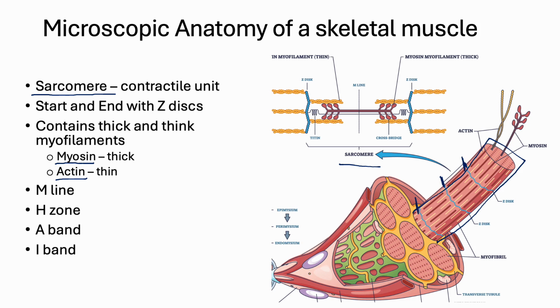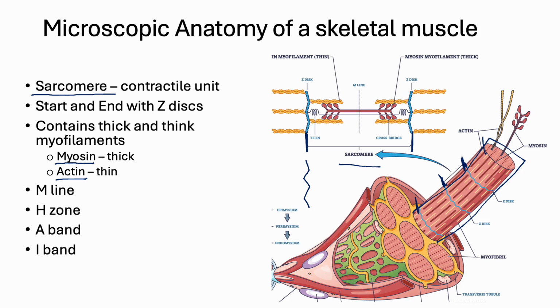If we look at these repeating units, the beginning and end of a sarcomere occurs at these Z discs. Notice that they're kind of zigzag, they're not straight lines. So the Z disc is the demarcation of each individual sarcomere, and these are just repeating all along the entire muscle fiber.